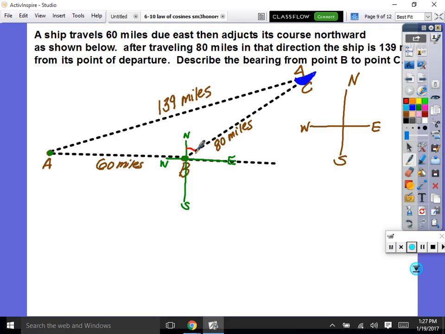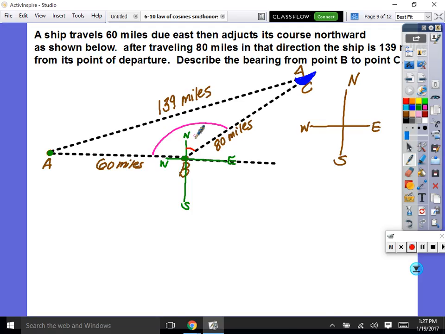That's how bearings work. They start at the north and then curve and go. Does that make sense, everybody? Yes. So what we're going to do is say, well, look at this. We have this big non-right triangle. Since we're given 3 sides, can't we use the law of cosines to find that obtuse angle? Let's do that first, because once we have that obtuse angle, we can figure out the rest.